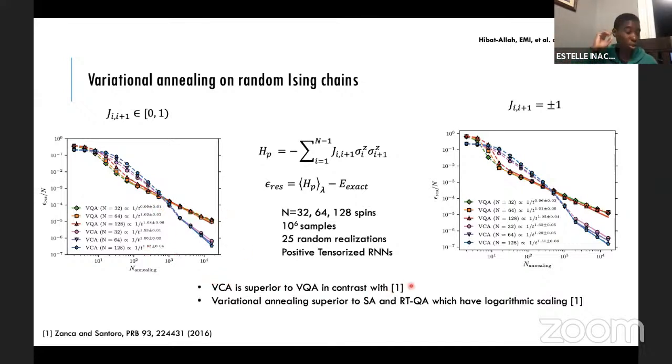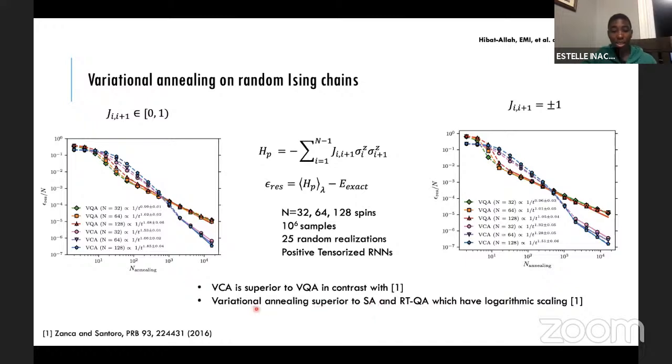And this is in contrast to what was observed in this paper, where they simulated annealing, both classical and quantum. They used a master equation for classical annealing, and they did the exact simulation using Bogoliubov equations for quantum annealing, so not Monte Carlo.